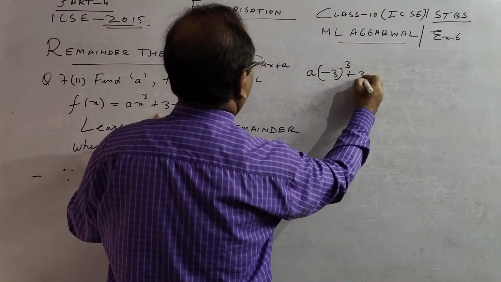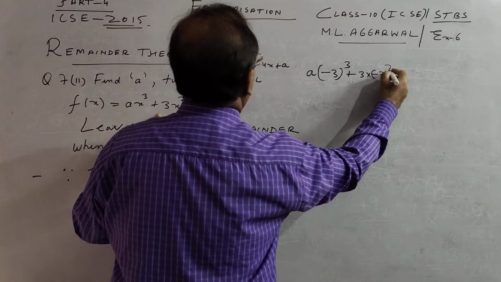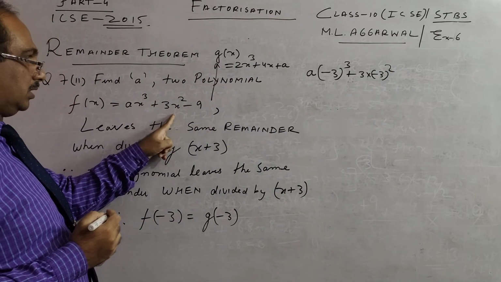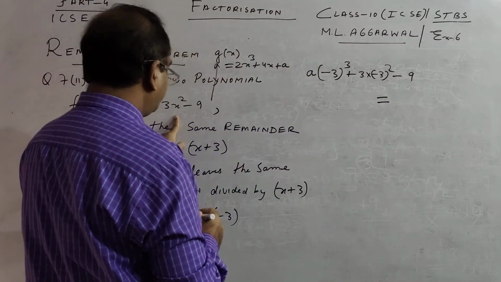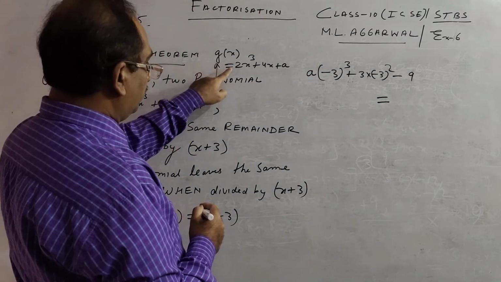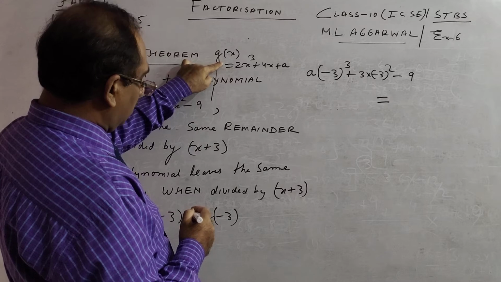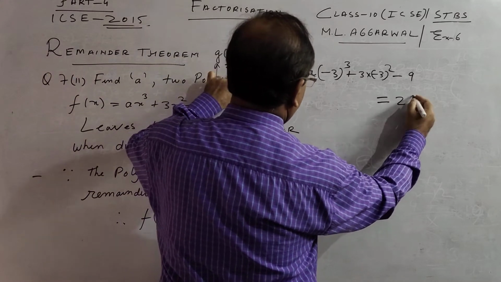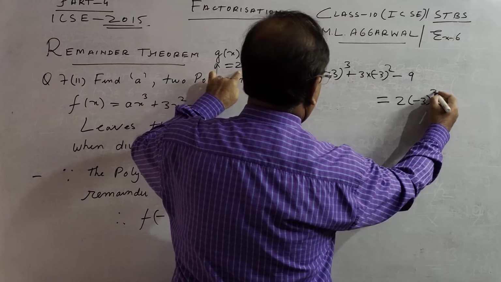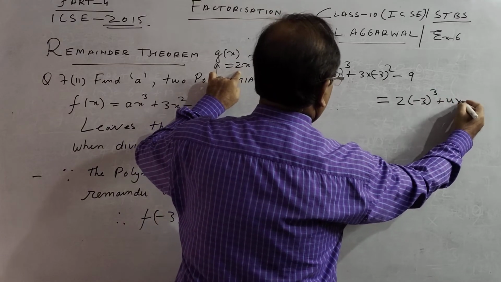Plus 3x square, so wherever x is there, we write minus 3. This is equal to, in g(x) you put minus 3. So g(-3) we have to find. So wherever x is there, we write minus 3.